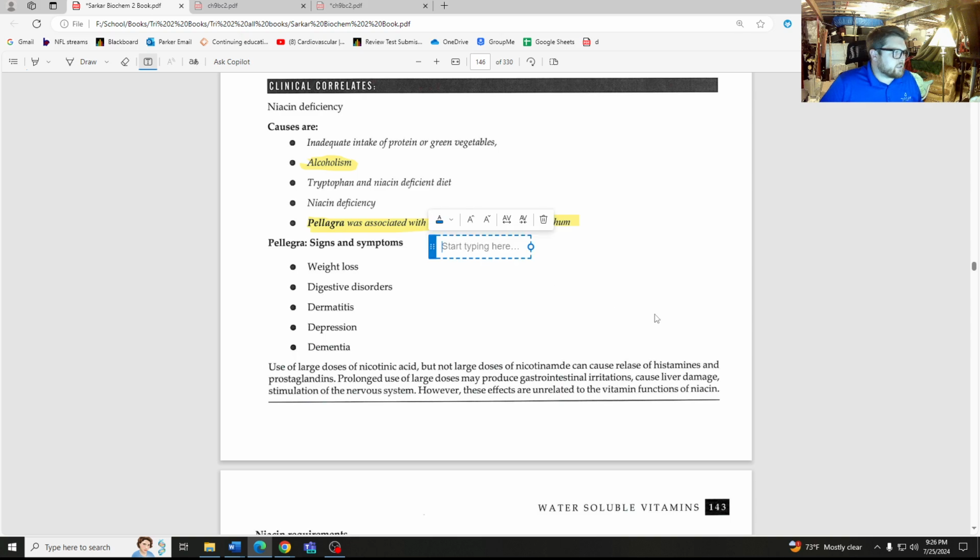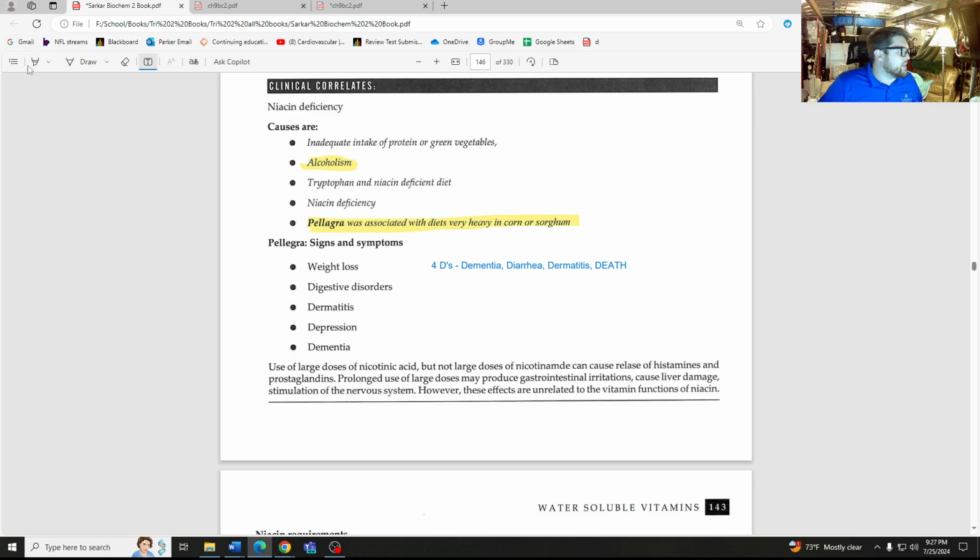Usually we call these the 4 Ds. The ones that I have always learned are dementia, diarrhea, dermatitis, and death. Because again, if we don't have NADH, we can't produce ATP, therefore we die.